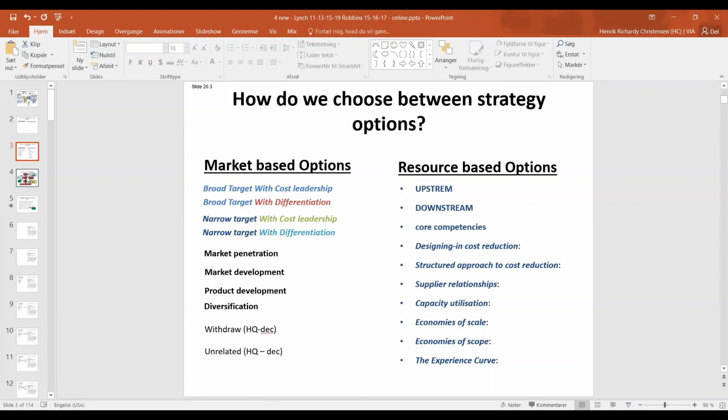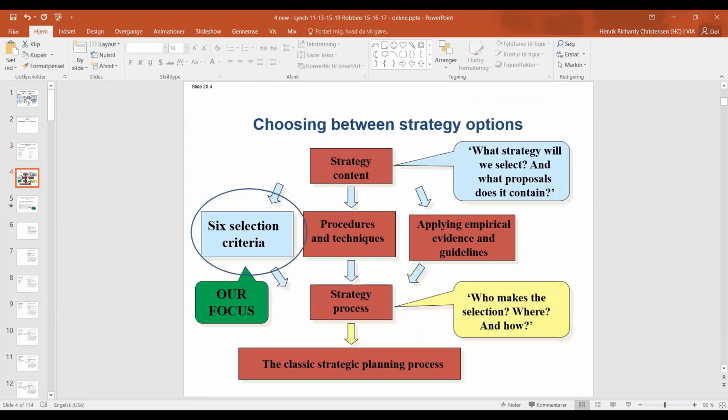And when we are looking at these options and how to choose between them, the whole process of how to deal with options, make sure what options to choose from, and end up implementing, we have this idea about having criteria, we have procedures and techniques, and we have application of empirical evidence and different kinds of guidelines.